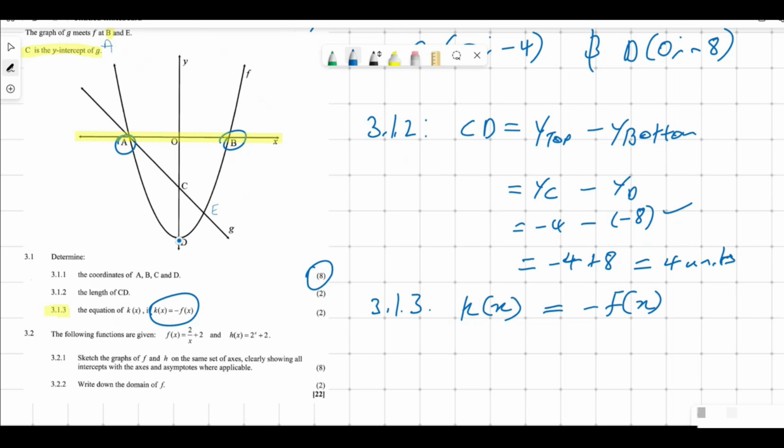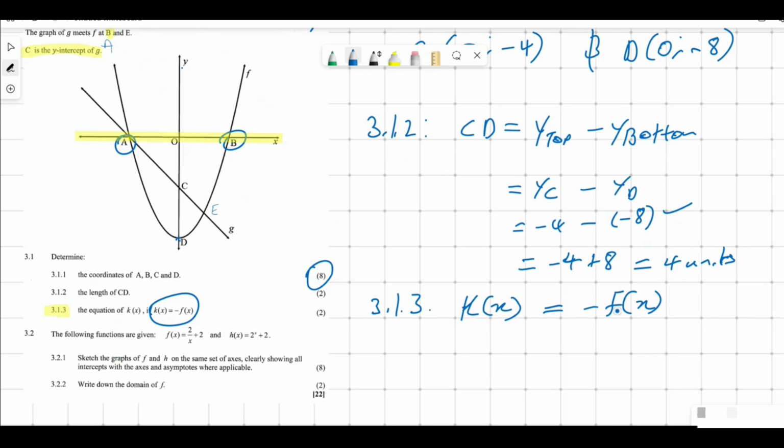If you look at point D, if you want to reflect point D about this line, this line is going to be our mirror. At the moment, the value of y at D is negative 8. But if we see point D on this other side, point D will be at positive 8, meaning it was reflected about the x-axis. k of x is the value of y, and f of x is the value of y, and from one value of y to the other, the sign is changed.